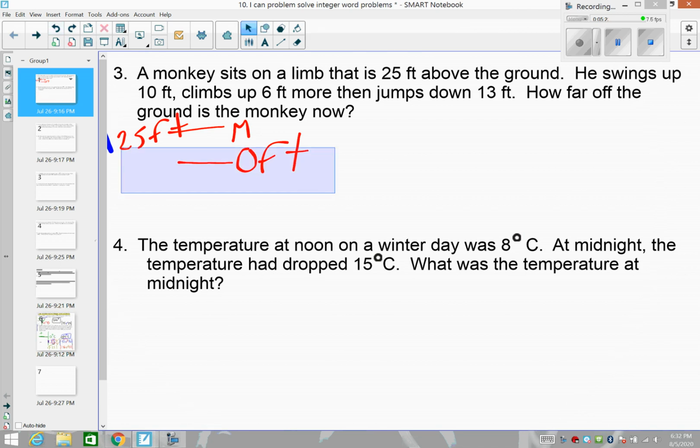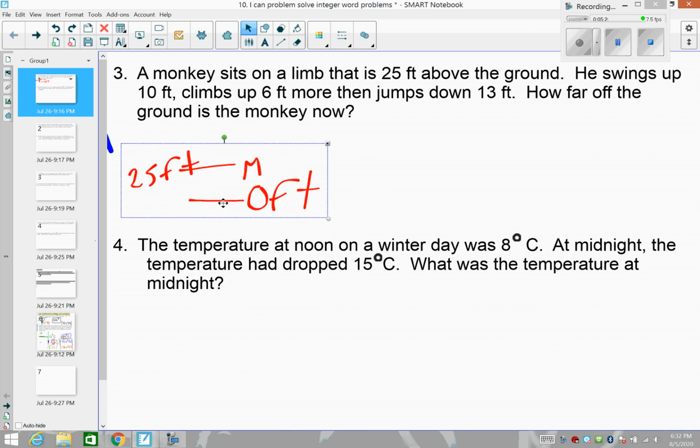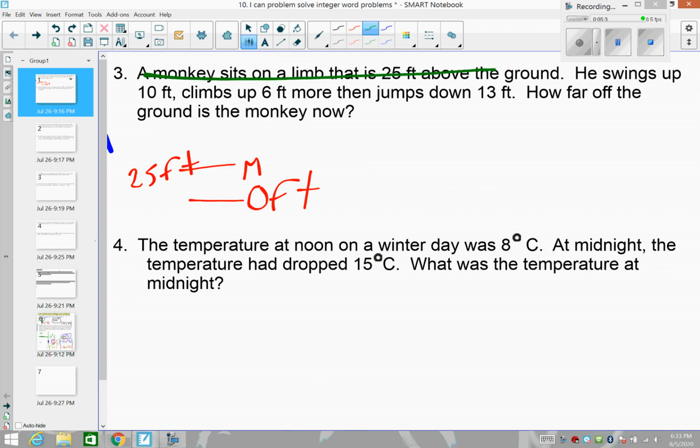Okay, so I'm going to move that down a little bit. So I've identified that first section. I can't draw, so I'm not going to be drawing a monkey, but if you can, go for it.